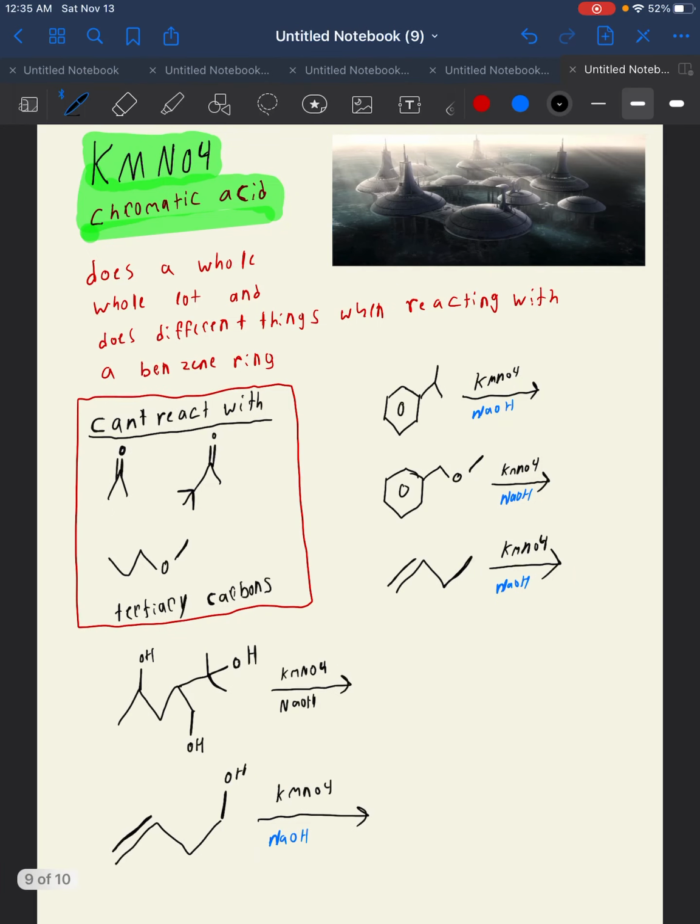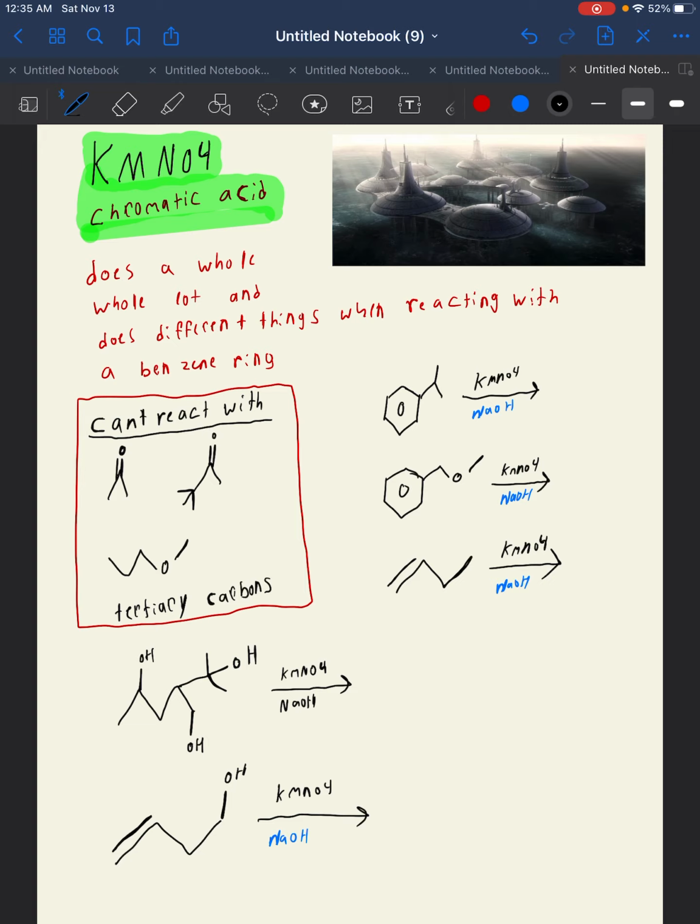So moving on, chromic acid. This once again does a whole lot, and it does different things when reacting with the benzene ring. This one's actually very complicated, and there's a whole lot of rules, so I highly suggest reading over your papers for this one, because there's a whole lot of things that I probably didn't even cover.